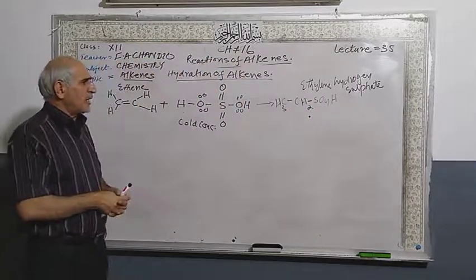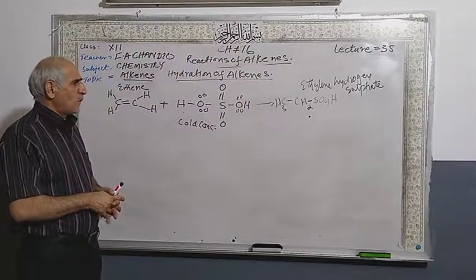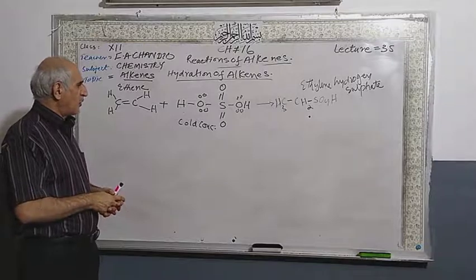Ethyl hydrogen sulfate is formed here by the addition of cold sulfuric acid.